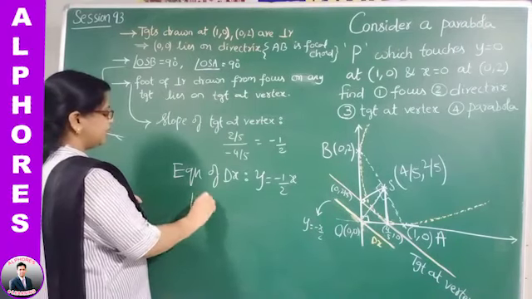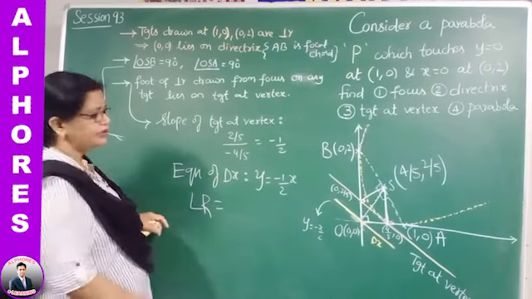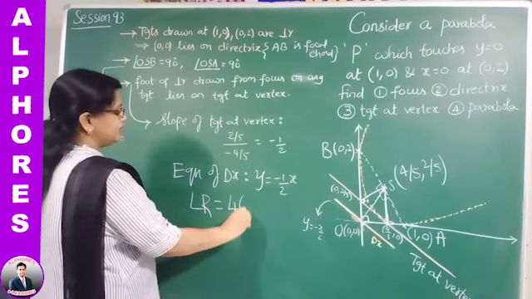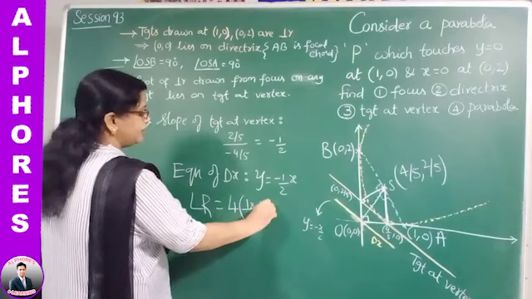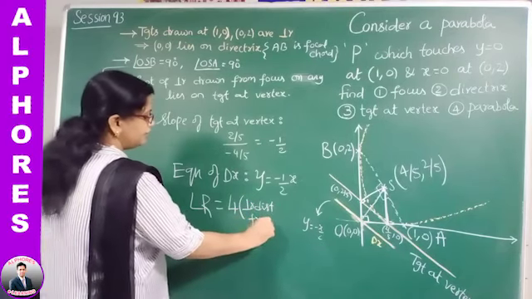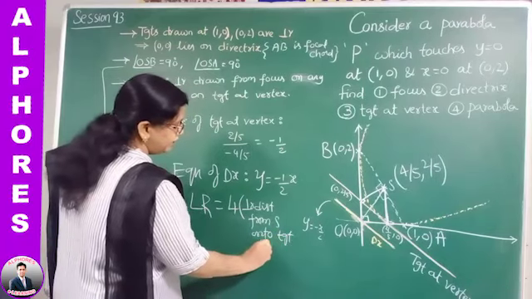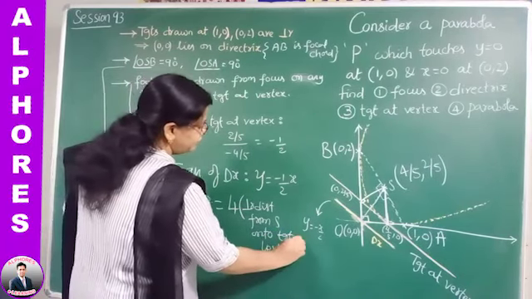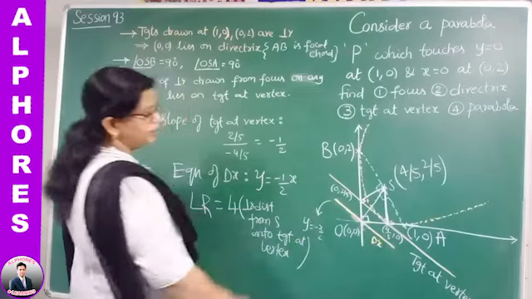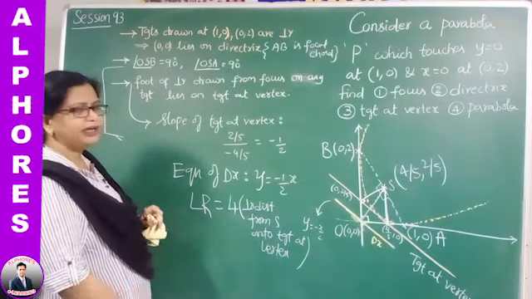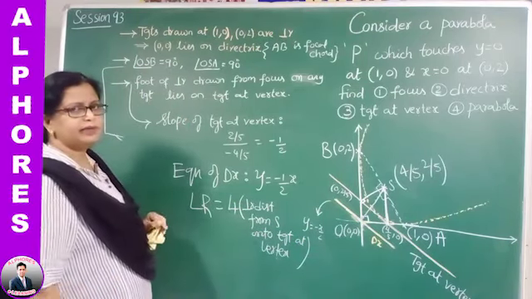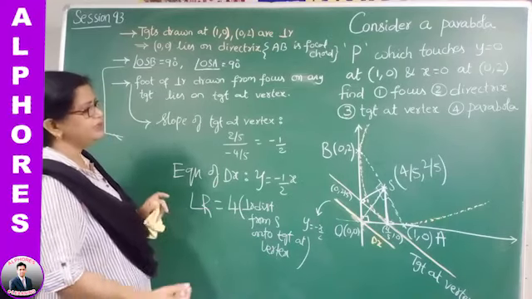So if the latus rectum is asked, what is the formula, students? 4 times the perpendicular distance from the focus onto the tangent at vertex. Or you can take 2 times the distance from focus onto directrix, or 4 times from the tangent at vertex. Anyway you can use, students.